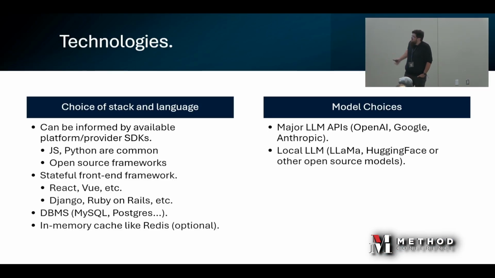So, some technologies you really need to get started with this. They provide so many SDKs. When I first started building with it, they only had a Python and a JavaScript one. I found out somebody created an OpenAI package for PHP. I love PHP, but I was like, man, that's awesome. I didn't think that they would make one for PHP. You'll need a stateful front-end framework, your flavor of JavaScript or whatever you like.